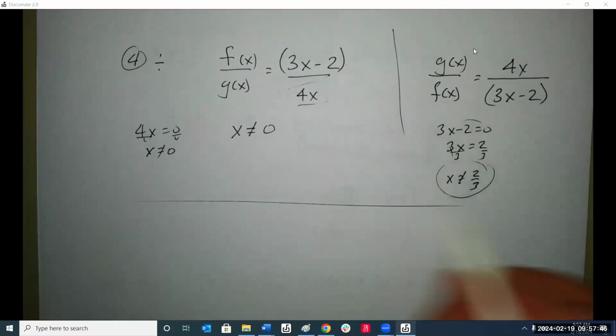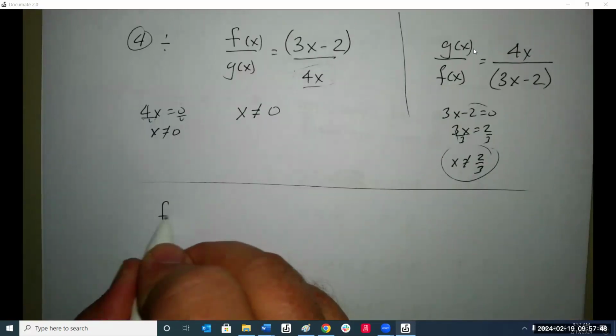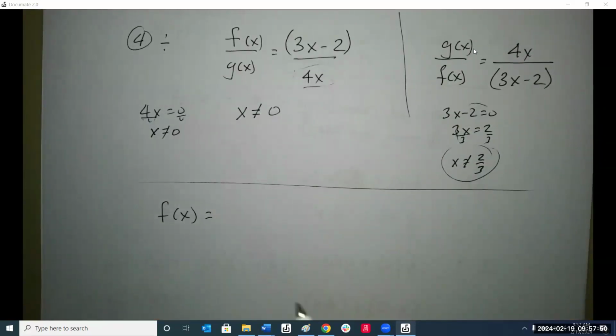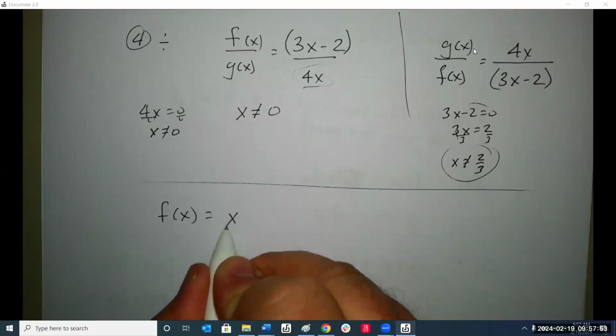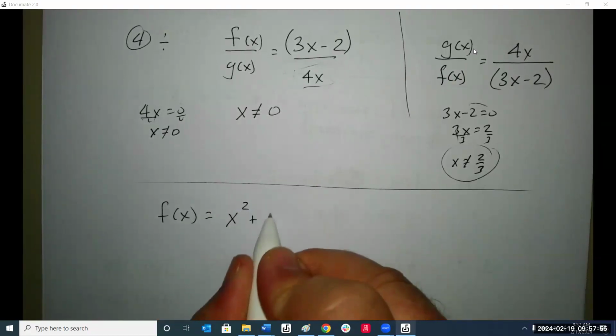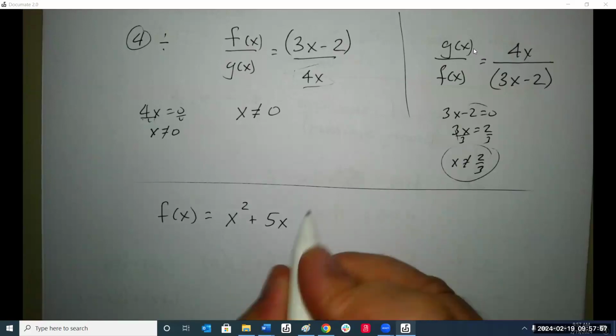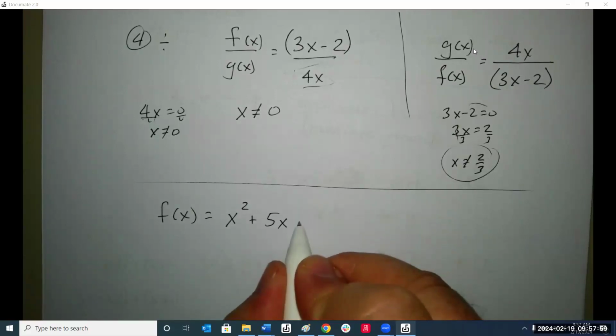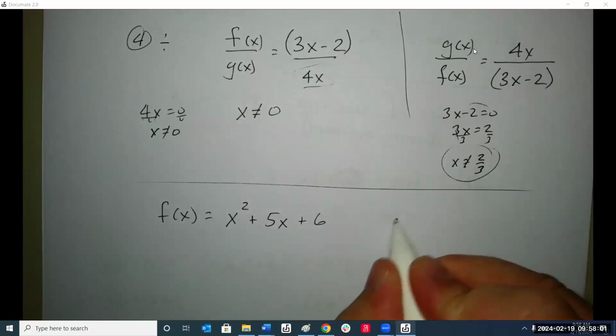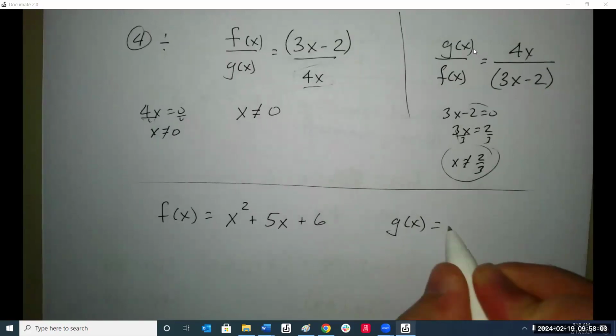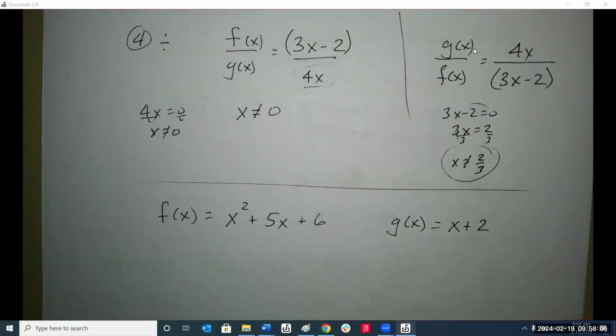All right, let's look at bigger ones now. Let f of x equal x squared plus 5x plus 6. g of x is x plus 2.